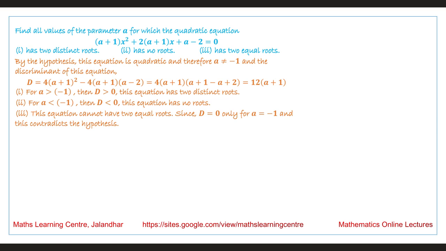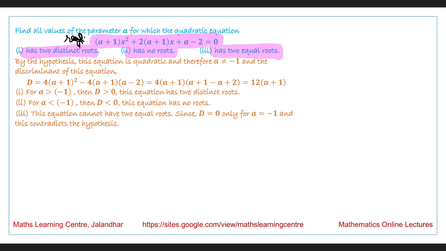Next is find all the values of the parameter a for which this quadratic equation is given, and these are the three conditions given: it has two distinct roots, has no roots, and has two equal roots.